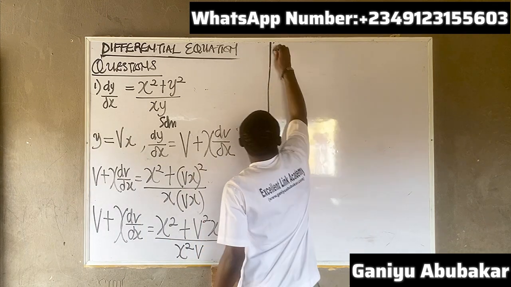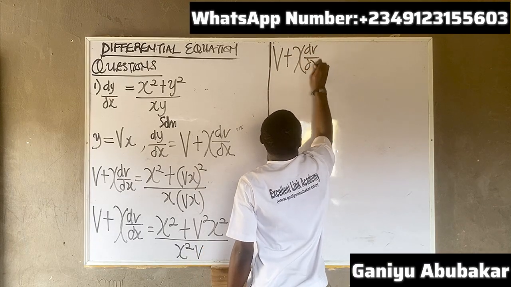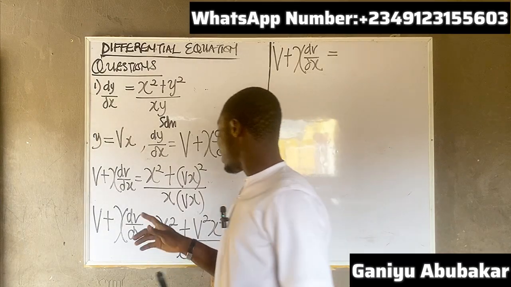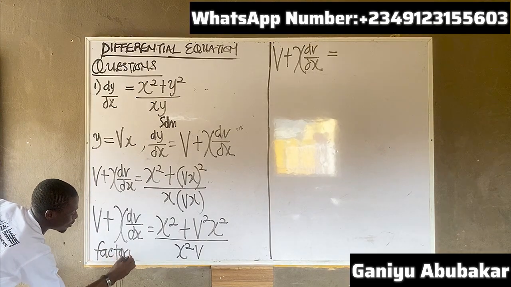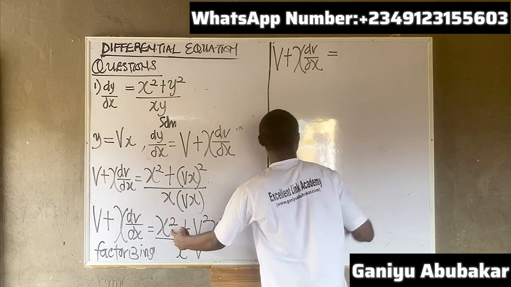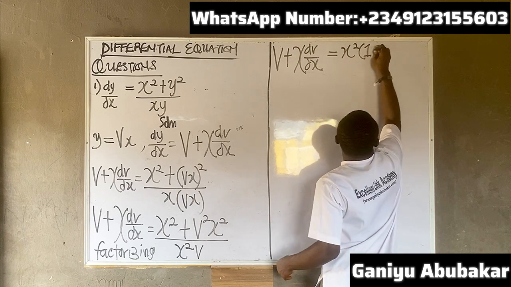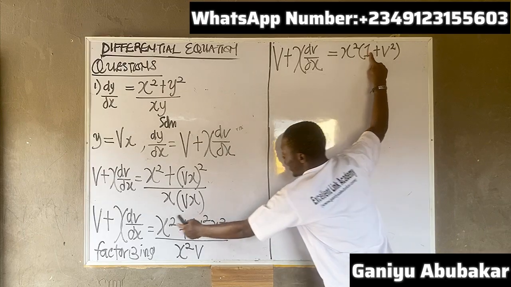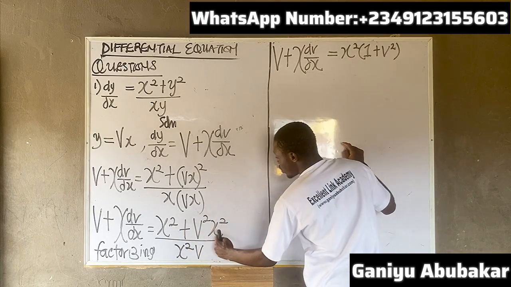This gives you v plus x dv/dx is equal to, now my task says to factorize. So I want to factorize. Factorizing, that gives you what's common here: x squared. That gives you x squared into 1 plus v squared. Observe, please: x squared times 1 gives you x squared, plus x squared times v squared gives you x squared v squared.